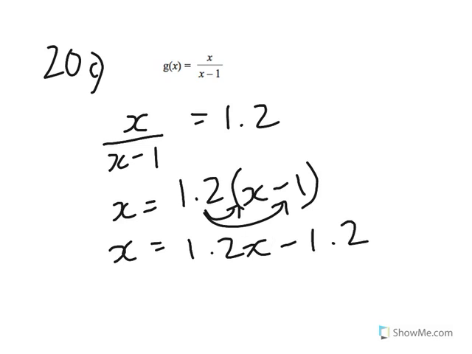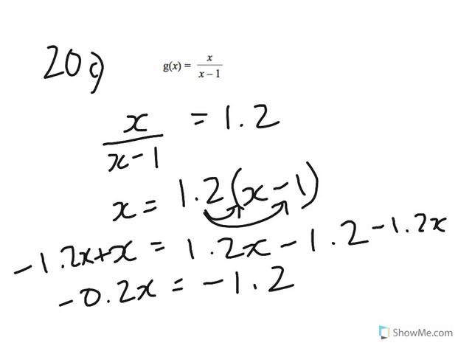Then subtract 1.2x on both sides, and you get negative 0.2x is equal to negative 1.2. Divide both sides by negative 0.2. You get x is equal to negative 1.2 divided by negative 0.2, which is 6.